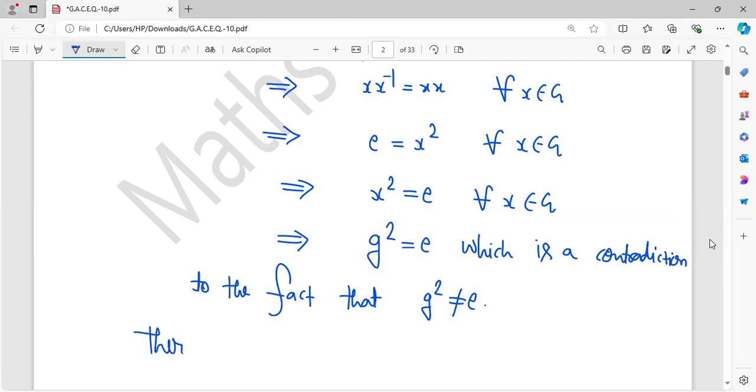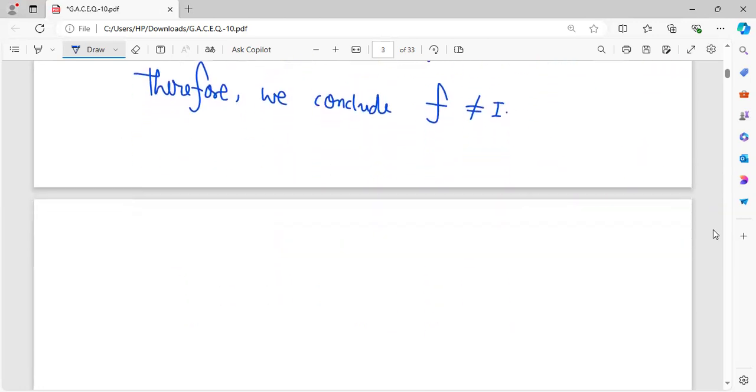Therefore, we conclude that f is not equal to the identity map. Hence, in this case, G has a non-trivial automorphism.